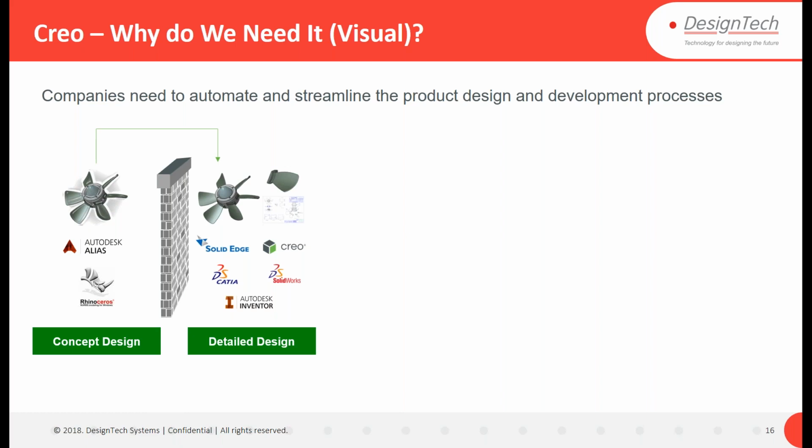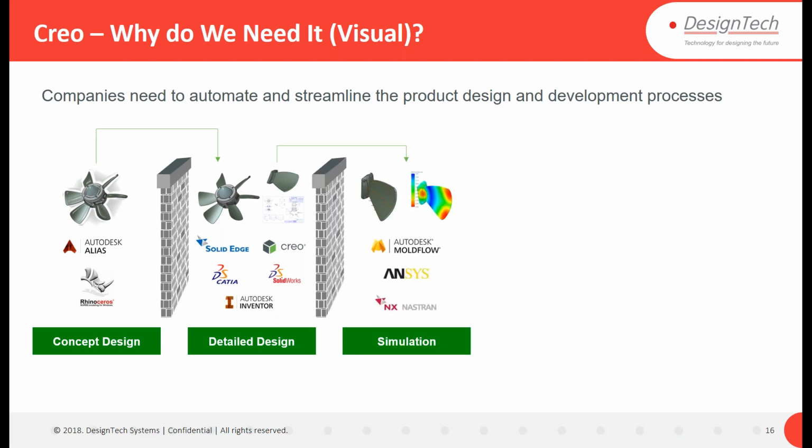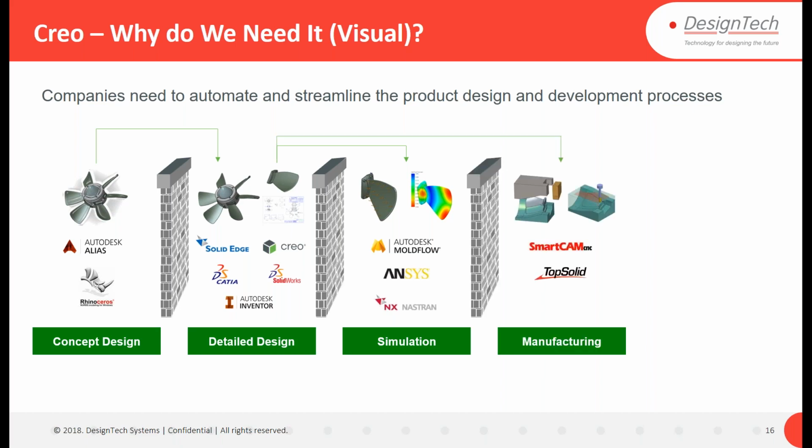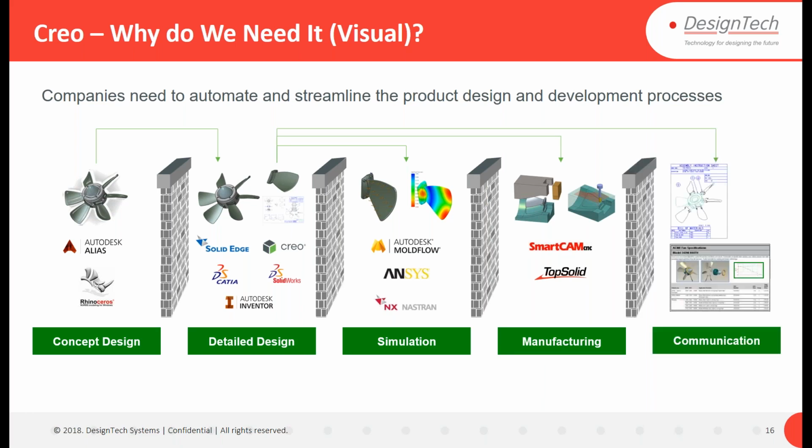For simulations, there are software which can do CAE analysis like Nastran, ANSYS, Moldflow. For manufacturing, we have SmartCam, TopSolid, NX CAM, and for communication too, there are other tools which can be used to communicate with different stakeholders. But why is it important?